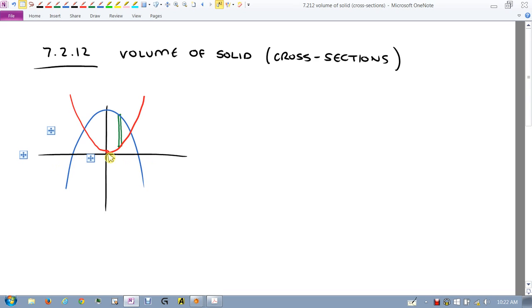What I want you to imagine doing is taking that perpendicular cross-section and imagining that it is the base of a square. That little cross-section is the base of a square. So on the side over here, what I'd like to do is try and draw this in three-dimensional space. Here's the blue.